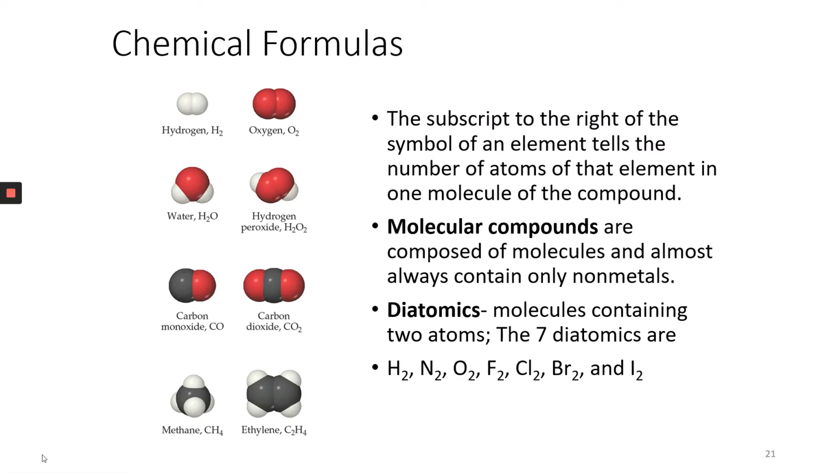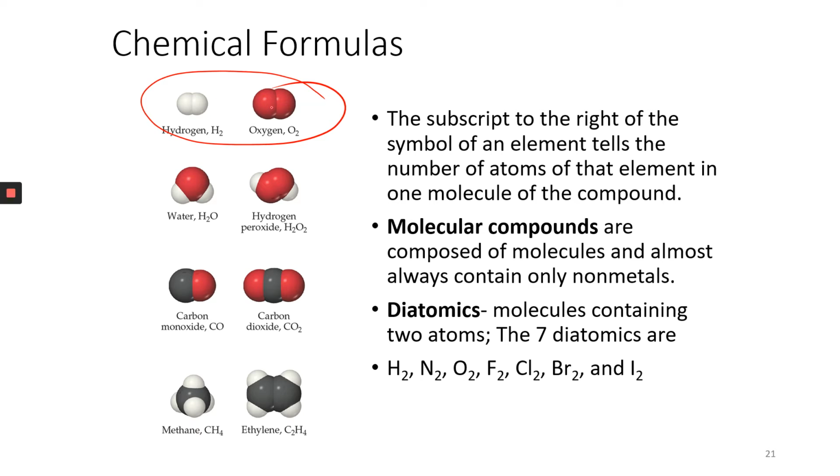So using the periodic table, you could kind of determine what type of compound you're making and how to write the formulas. So what we see here are some molecules. And the subscript tells you how many of that atom there are. Now notice these two here are the same element. So remember what we learned in chapter 1.